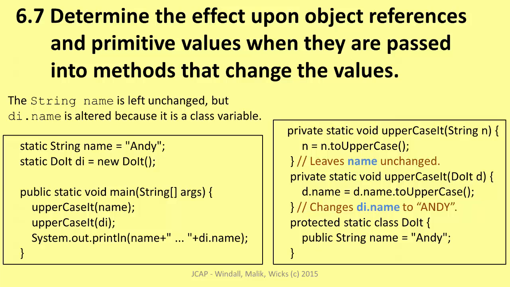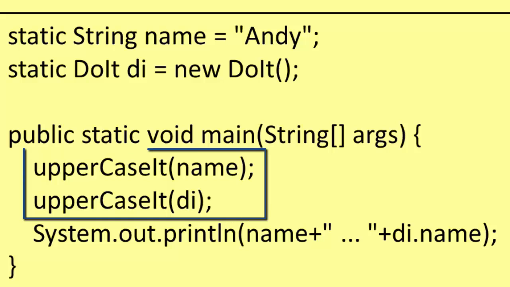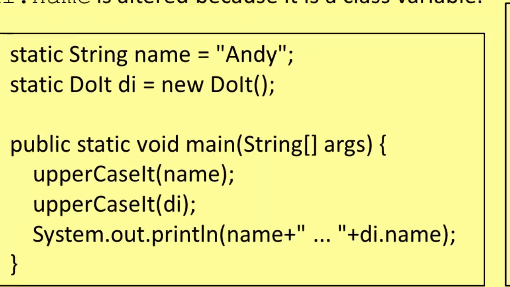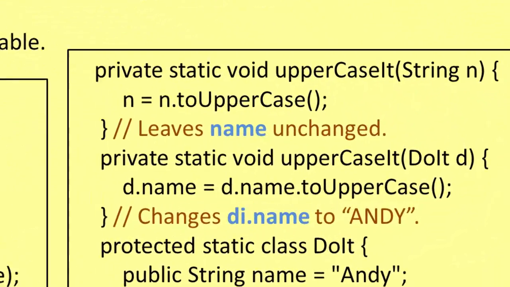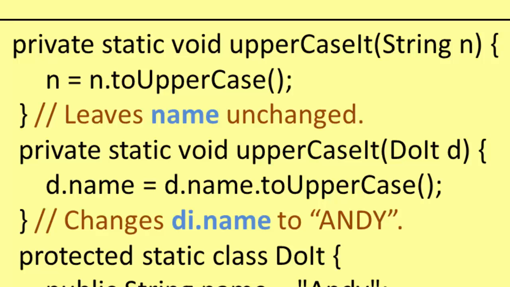Now what we're going to do is pass these to 2 methods, uppercase it. In one case, and we're overloading here, in one case we're taking in name and in the other the object di. In both instances the task being performed is exactly the same.